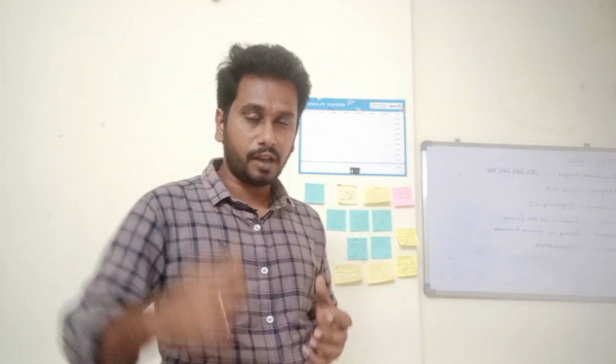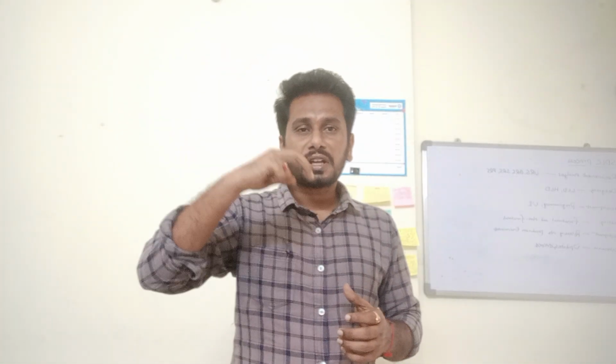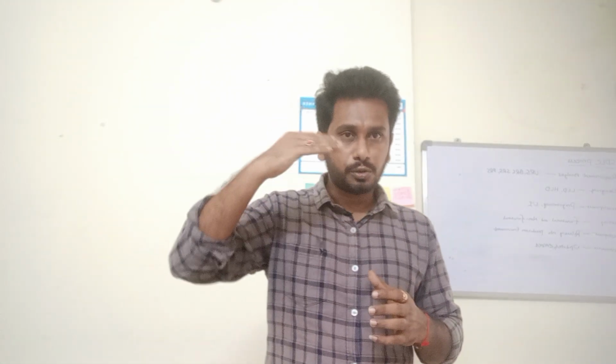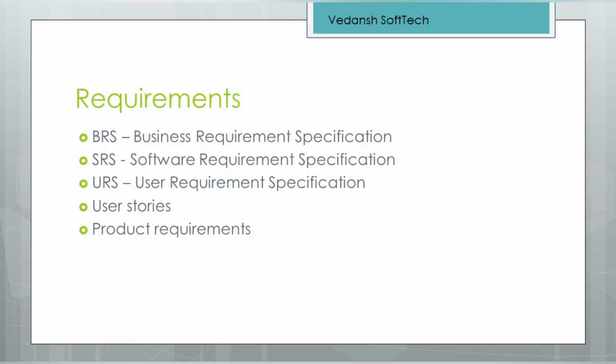The URS document mainly talks about how the software should behave when the user accesses the application. Now talking about user story, it mainly talks about how the user wants to use that application. So these are all the different types of requirements.